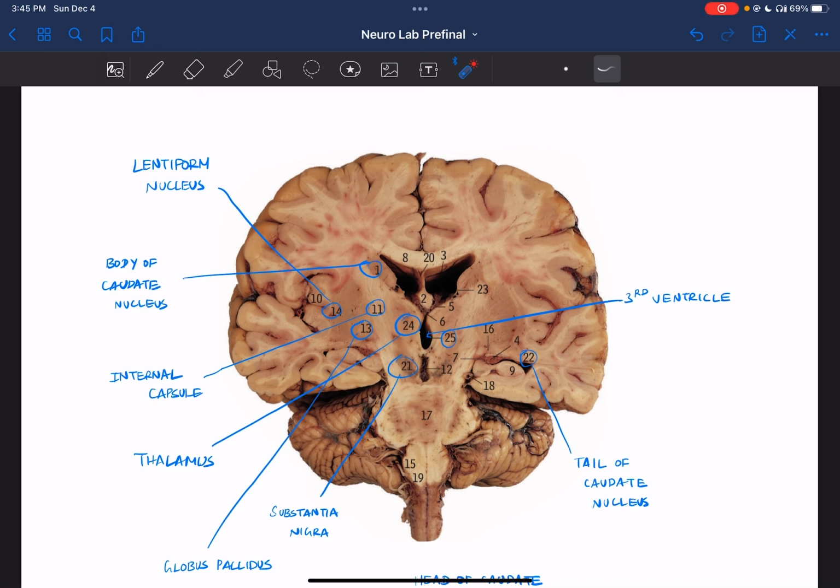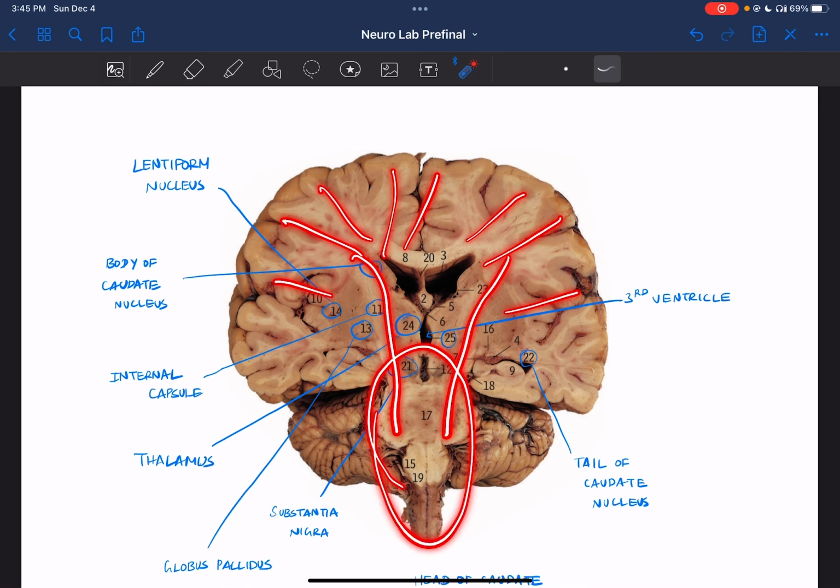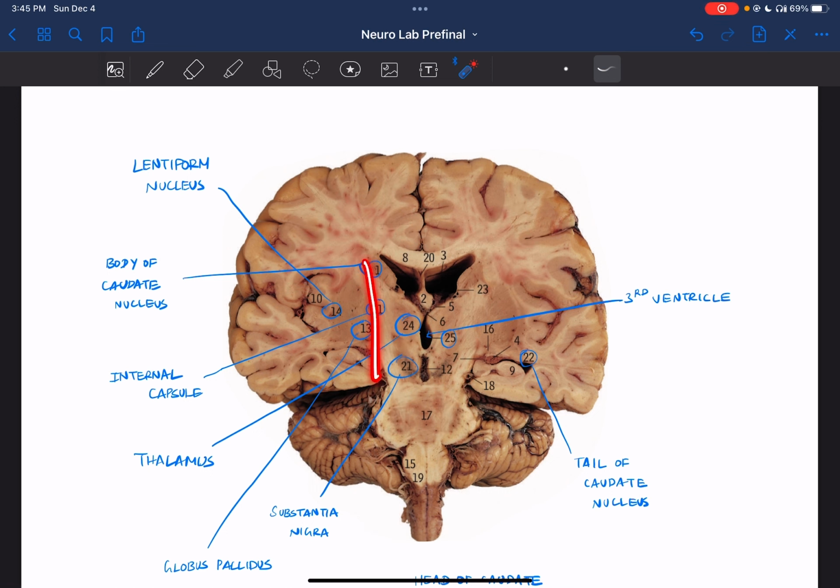And another important fibrous tract here is your internal capsule. This white fiber tract is your internal capsule, which brings down information from the corona radiata of the brain to the brain stem. This right here is your brain stem. So this here is the internal capsule. Fine, we will be looking at the parts of the internal capsule through another illustration soon.